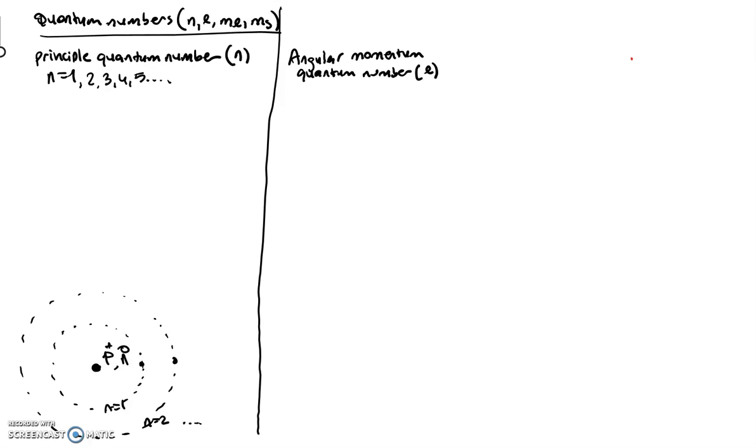Now we know that electrons are buzzing around the nucleus, right? This is something we learned in high school, but in reality that's not the only case. For example, on the first shell, the electrons are just buzzing around the nucleus, doing this kind of shape all over the place. And it's not just two dimensions, it's also three dimensions. So we see the electron here as a sphere.